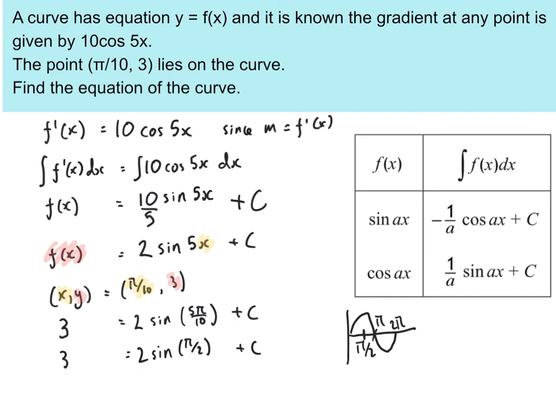So pi over 2 is when it has a value of 1. So I have got 3 equals 2 lots of 1 plus c. 3 equals 2 plus 1. So c has to have a value of 1. Therefore, c equals 1.